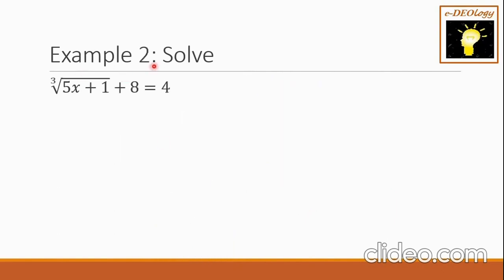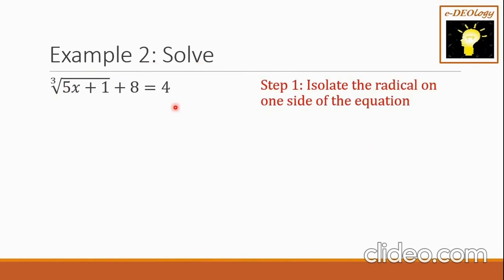Let's have example 2. Solve the equation, the cube root of the quantity 5x plus 1, then plus 8 equals 4. Let's have step 1 to isolate the radical on one side. So we have a big radical here, and then plus 8.